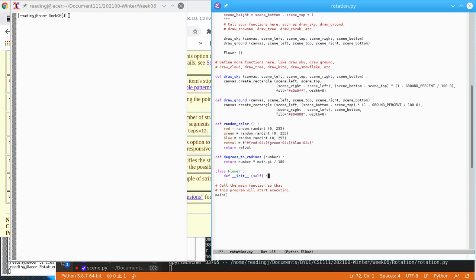So let's see. What do we need? We need a self.stem equals canvas. So I need to say global canvas here to make sure I'm using the global variable. Dot create line.